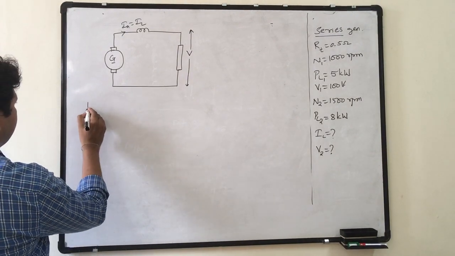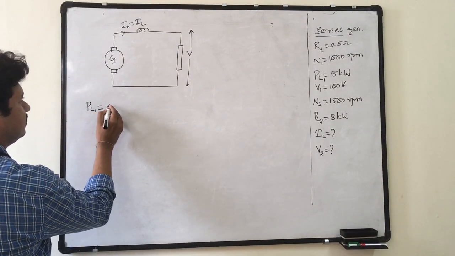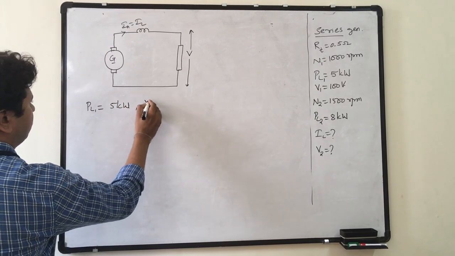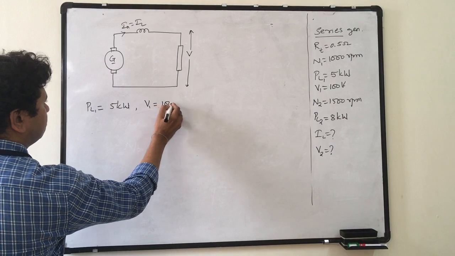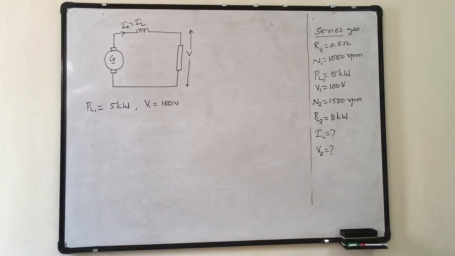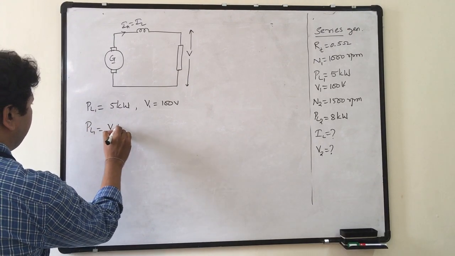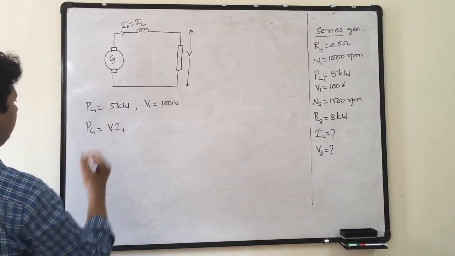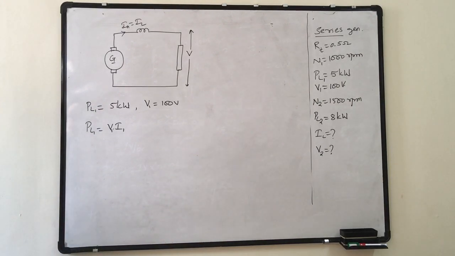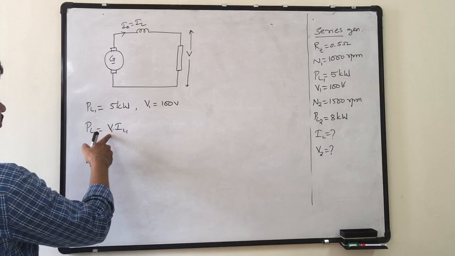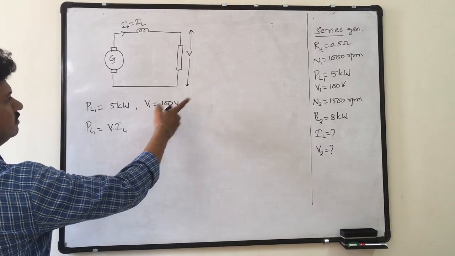So now PL1 is equals to 5 kilowatts and V1 is equals to 100 volts. Now I know what is PL1. I can write it as V1 into I1, or IA1 or IL1. I know what is V1, which is 100 volts.